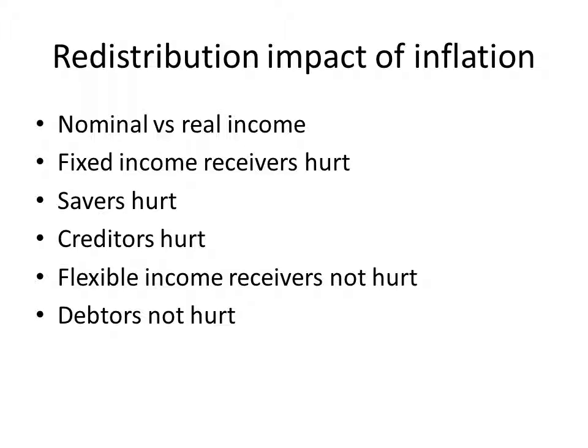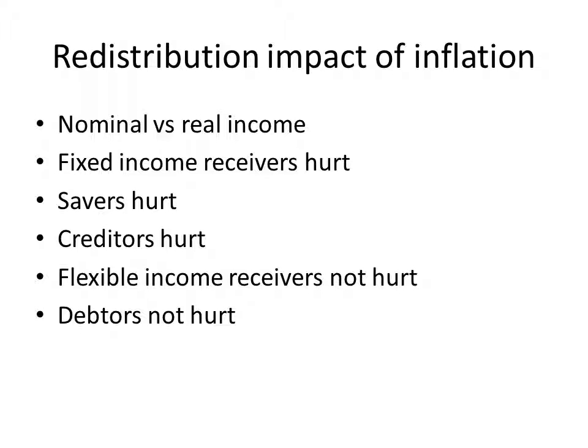What about the redistribution impacts of inflation? Well, we know that inflation actually redistributes income and wealth from one group to another. Why is that? Well, we discussed the difference between nominal and real income previously, and that really is impacted by inflation. Nominal income is what you receive in dollars, but real income indicates what you can actually buy with that.